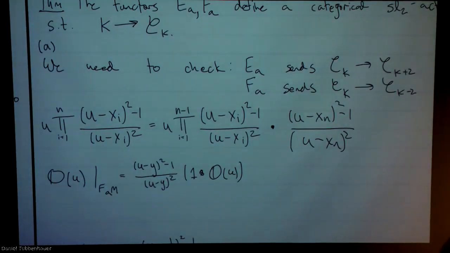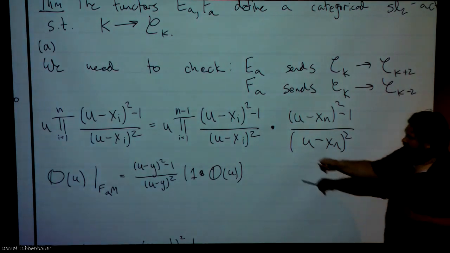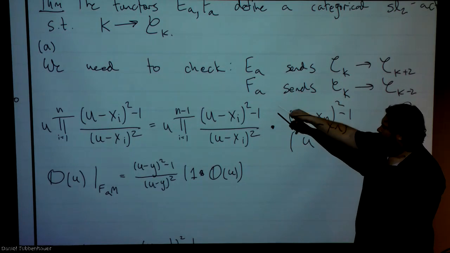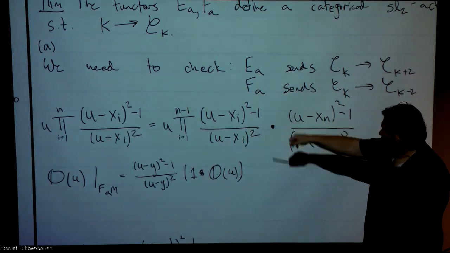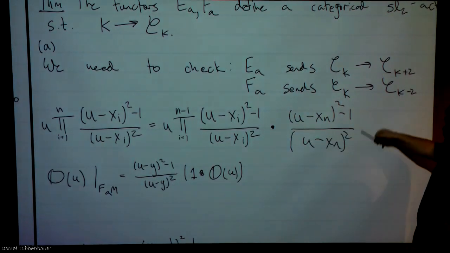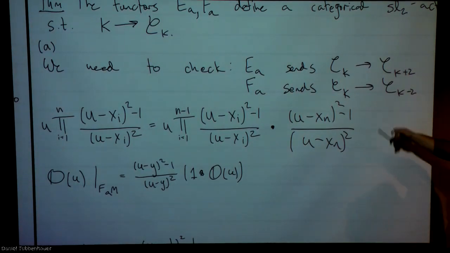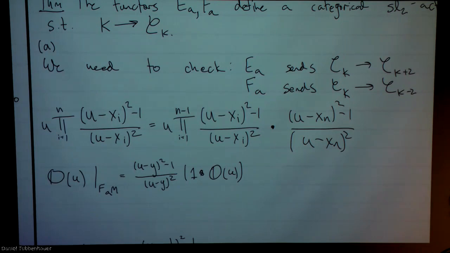So I'm going to use this very obvious factorization. I have this product over n. I can break that up as a product over i equals 1 to n minus 1, and then one more factor, which is u minus xn, squared minus 1 over u minus xn. But then if I think about this in terms of the functors, this is the O acting on an Sn module.